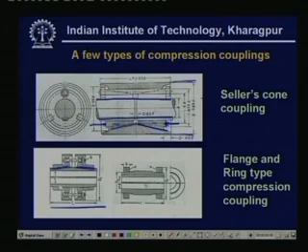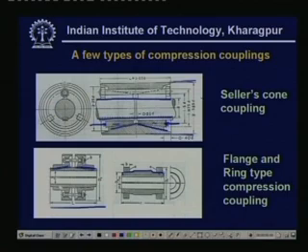Another way of applying the coupling is to have such a cone type muff or sleeve, and then two rings are put. Again by interference fit we develop a large pressure here, and that usually transfers the torque from one shaft to the other shaft.